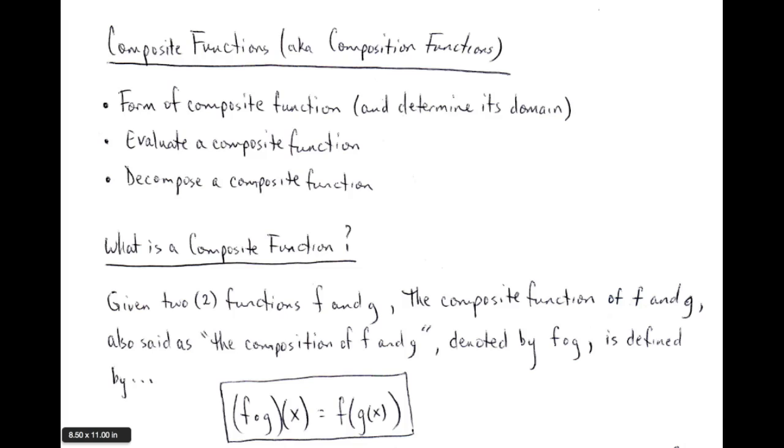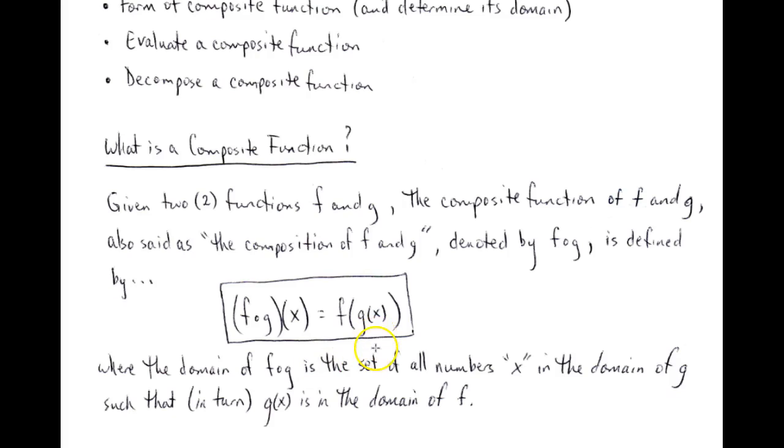So given any two functions f and g, the composition of f and g, denoted by f open circle g, is defined as follows. You'll see how we have the inside function g of x right here that's actually stuffed into the outside function f of x.